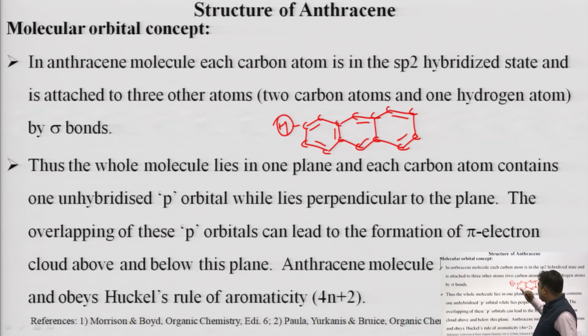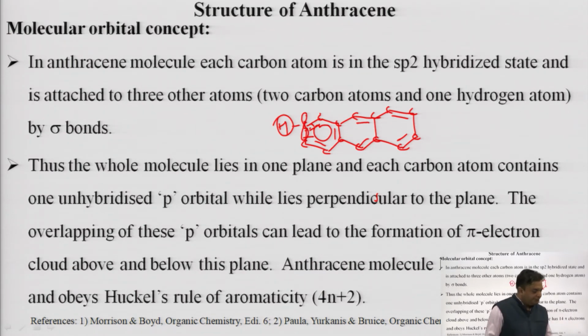Of the sp2 hybridized orbitals, 2 are overlapped with the neighboring carbons. So 3 valencies are fulfilled by overlapping. The 1 valency which remains has a p orbital, which is perpendicular to the plane of the anthracene ring, and it has an unshared electron.